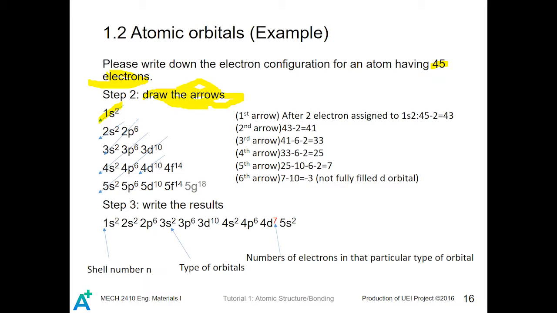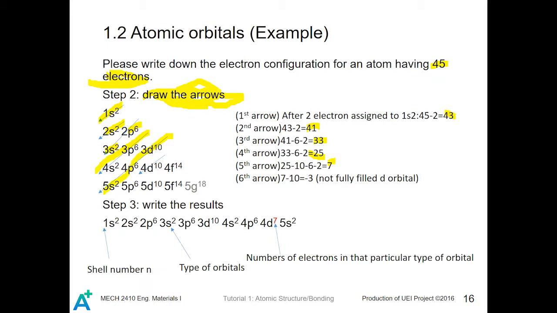After electrons are assigned to 1s, 43 electrons are left, and so on. Then it is 2s2, 41 left, 2p6, 41 minus 6, 3s2, 33, 3p6 and 4s2, 25 left. And after the fifth arrow, 7 are left. And then we come to the last arrow.